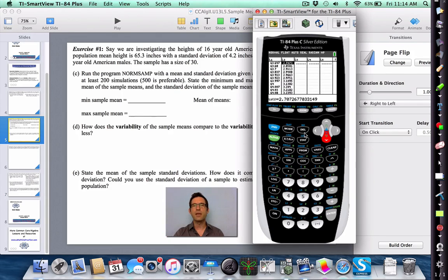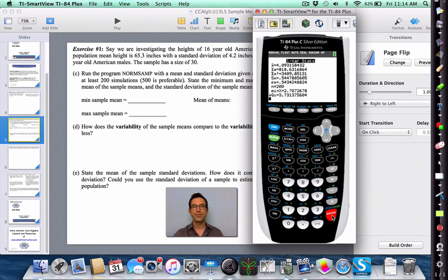But let's see what the mean is. Let's do Stat, Calculate, One Variable Statistics, but now I want L2 in there. And I'm going to write this down with a different pen. So now the mean of my standard deviations was 4.09.